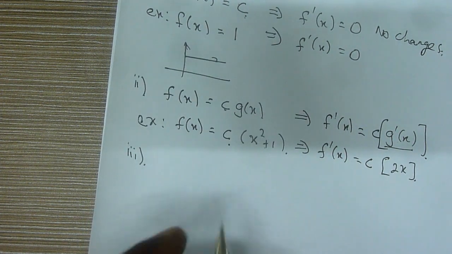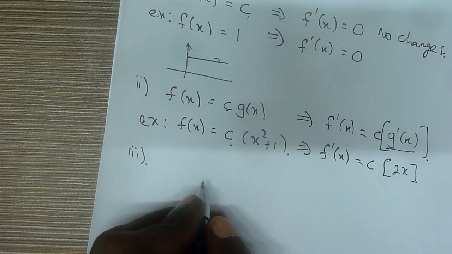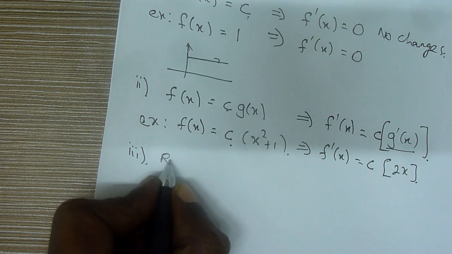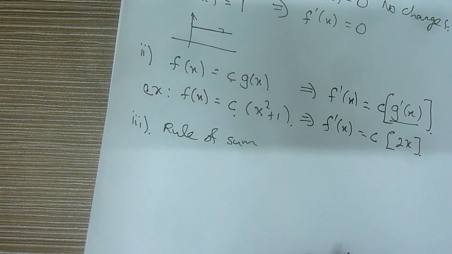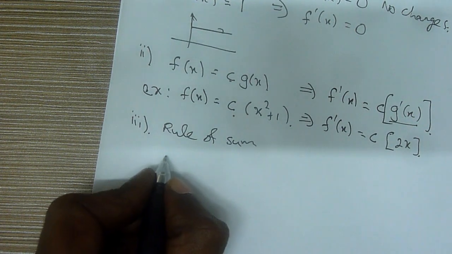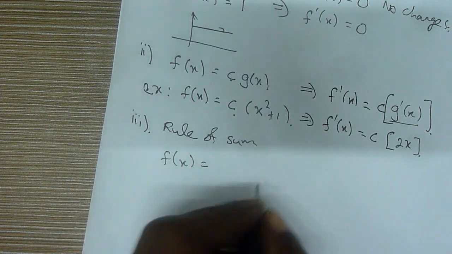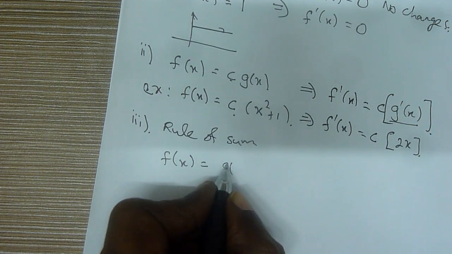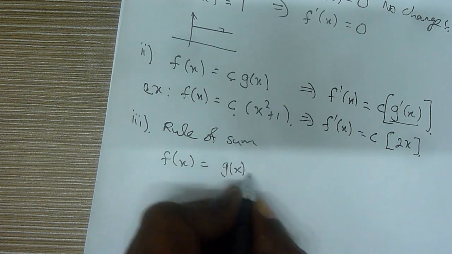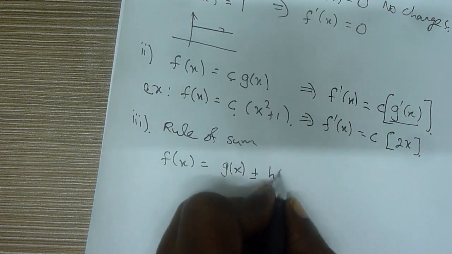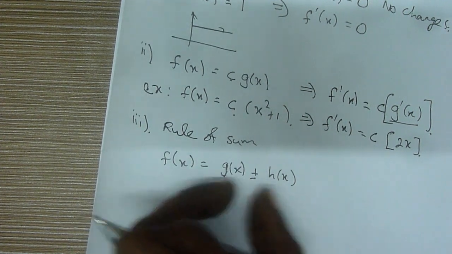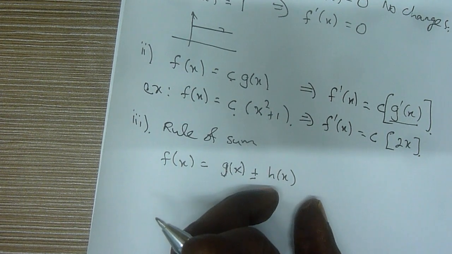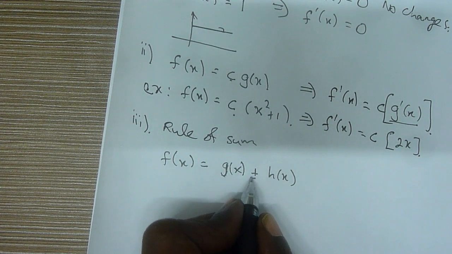Now the next one is the rule of sum. The rule of sum basically involves more than one kind of function. You can see I divided that into two different functions. Imagine this is a function I am representing with two different functions, and it can be plus or minus, it doesn't matter because you are using basic operations here.